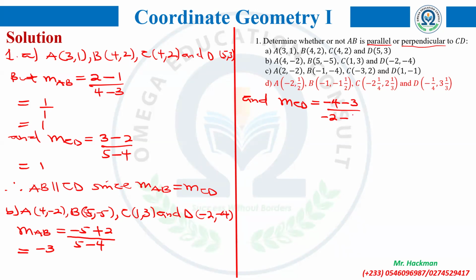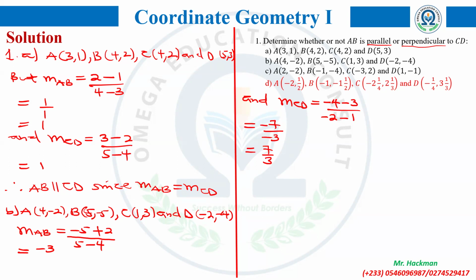That would give us 1. In effect, we are going to get this to be equal to minus 7 over minus 3. So I'm going to get 7 on 3. All correct.